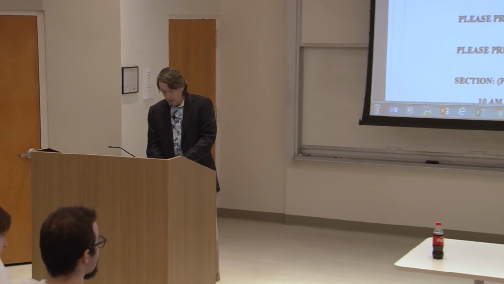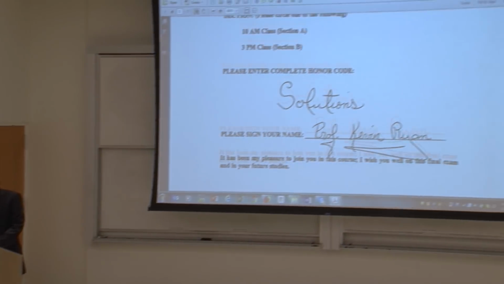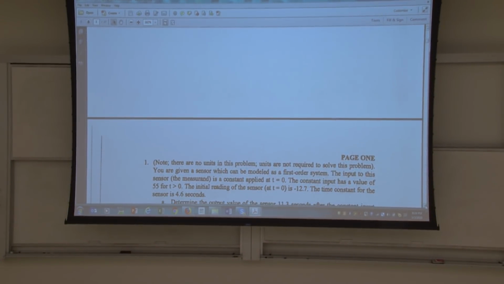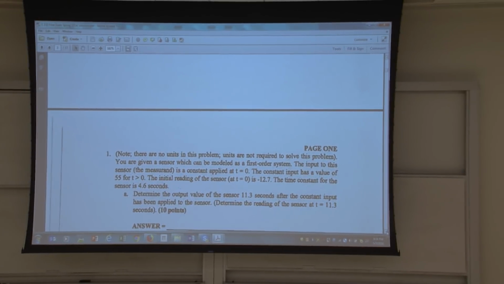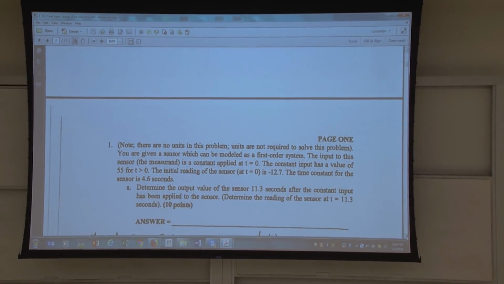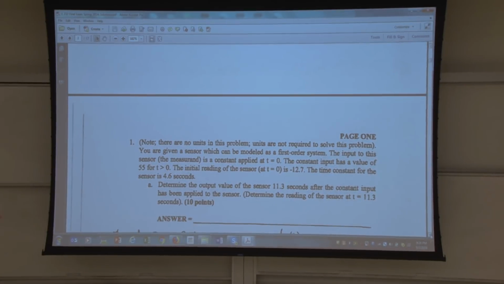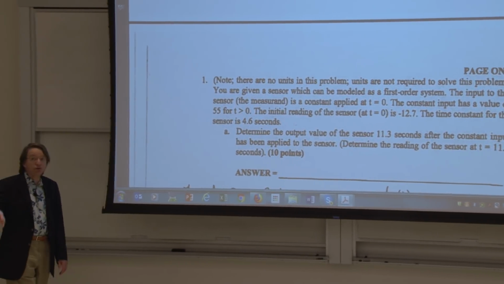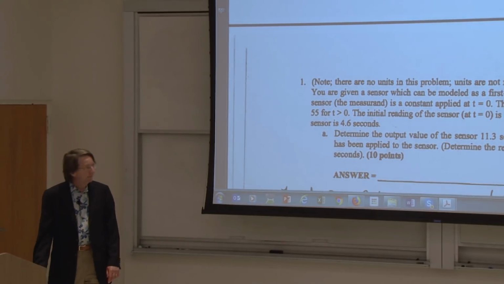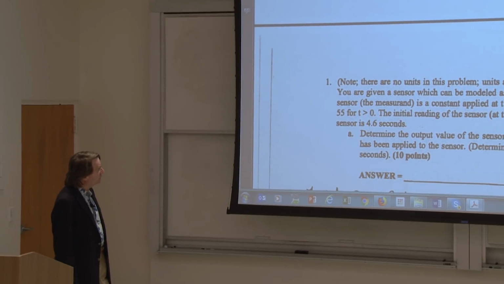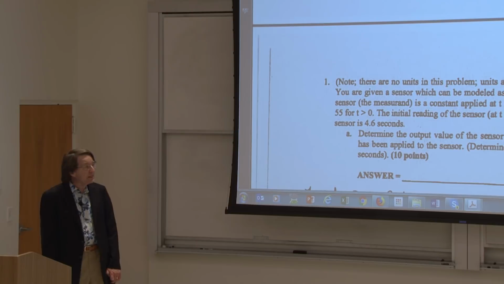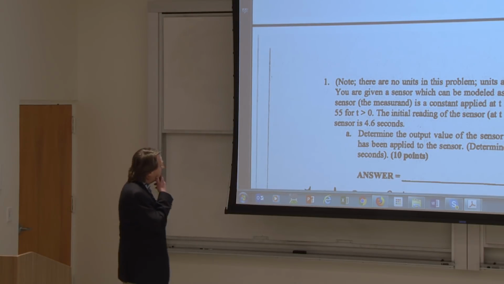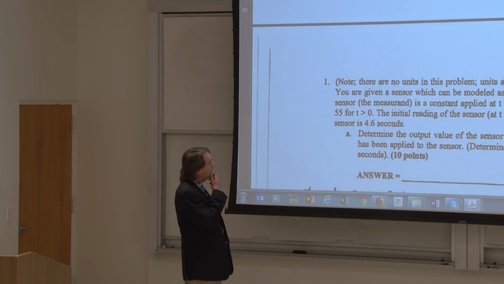Okay, so I hope you find this review helpful tonight. I'm looking at the solutions. Let's not look at how we solve it yet. Let's see if we can read the problem together and see if it makes sense. You're given a sensor, which is a first-order system. The input to this sensor is a constant applied at t equals 0, and the constant is 55 for t greater than 0.